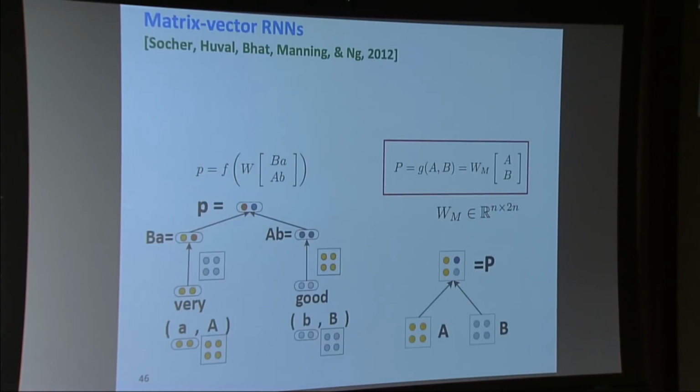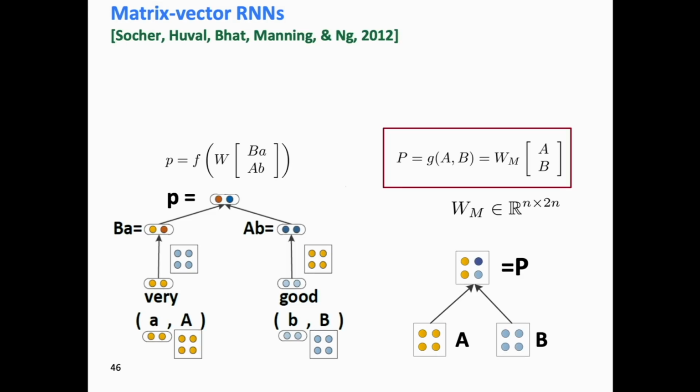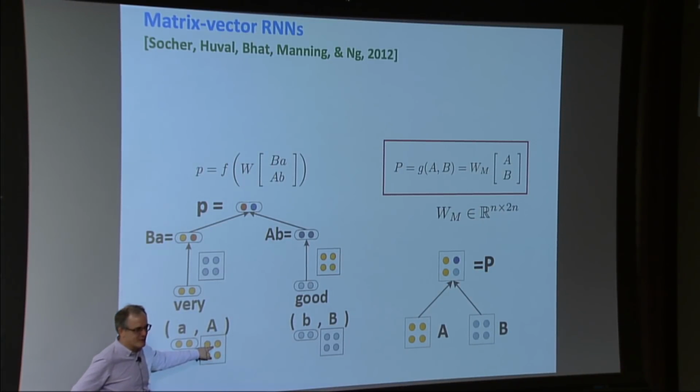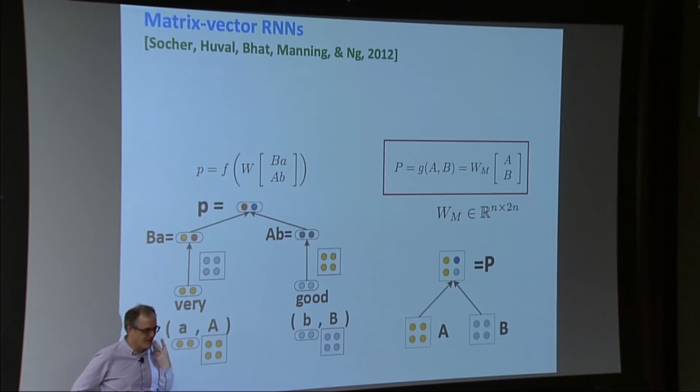And so even though things worked fairly well here, it seemed like this way of doing matrices wasn't necessarily very good. It had two problems.